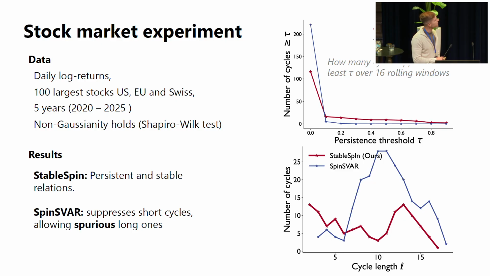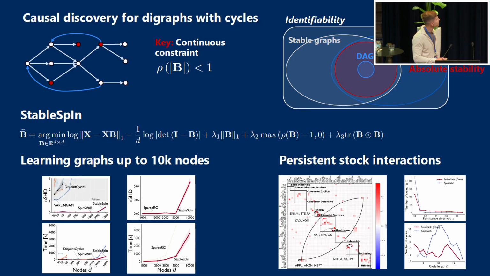And the way the acyclicity constraint is formulated with the matrix exponential, it has a coefficient 1 over factorial, and this penalizes long cycles less. So some cycles still pass. So that was what I wanted to show you.